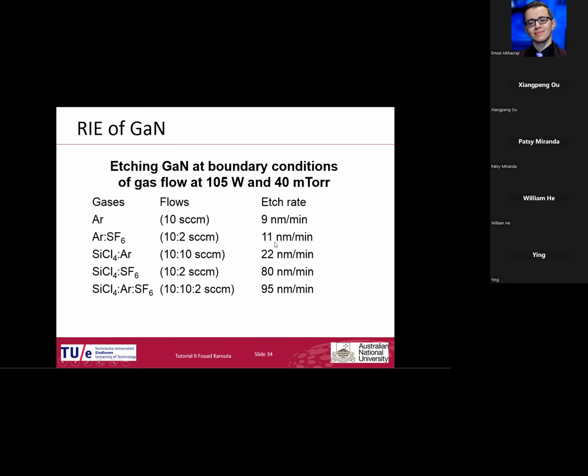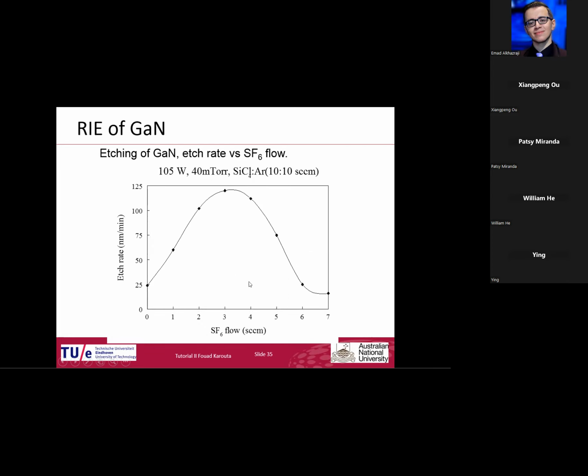You see the etch rate is very low, so SF6 is not really helping to etch with argon much. Argon alone is 9 nanometers a minute. When you do silicon tetrachloride and SF6, you get a large increase, with argon a little bit more. That is with varying the flow of SF6, and you see you are getting a very low rate at high flow.